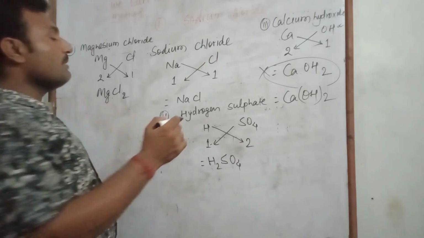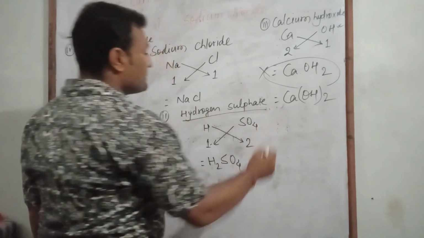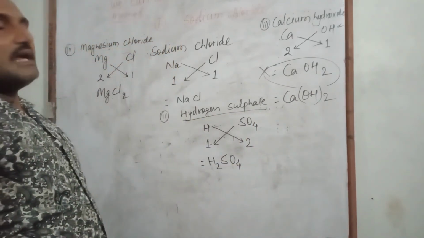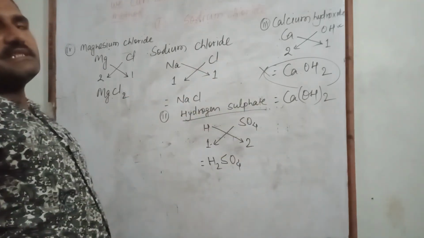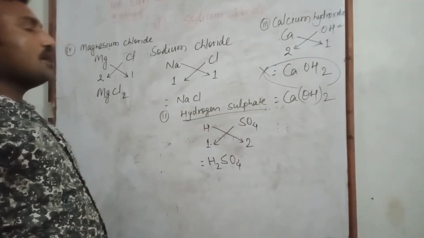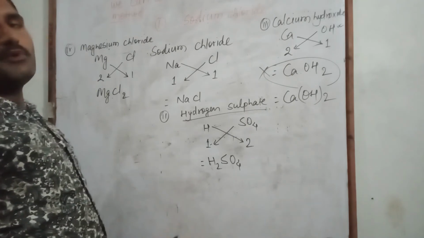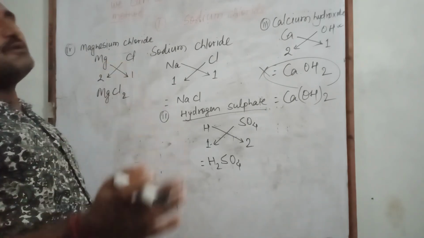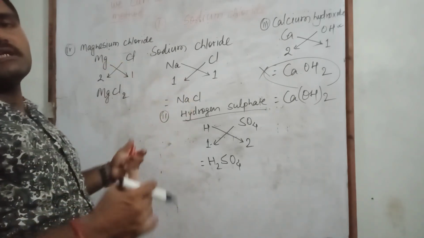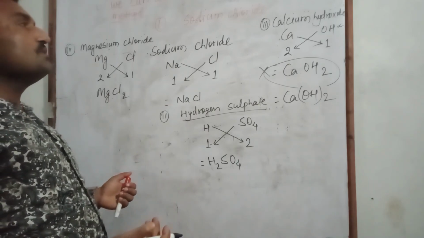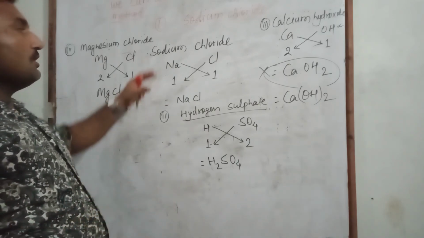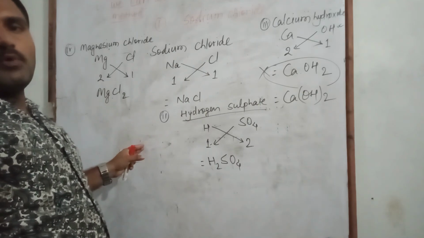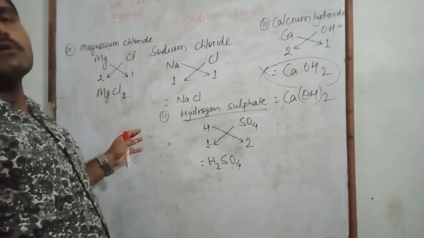We should know that sulfuric acid represents hydrogen sulfate. Hydrochloric acid represents hydrogen chloride. Ammonia, how do we write ammonia? Nitrogen and hydrogen criss-cross, then we get ammonia. In the next video, we discuss more about some common molecular formulas and how to calculate molecular mass.